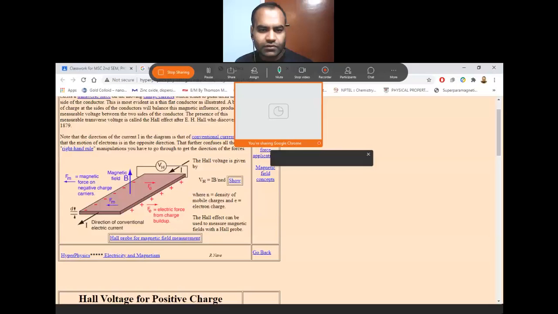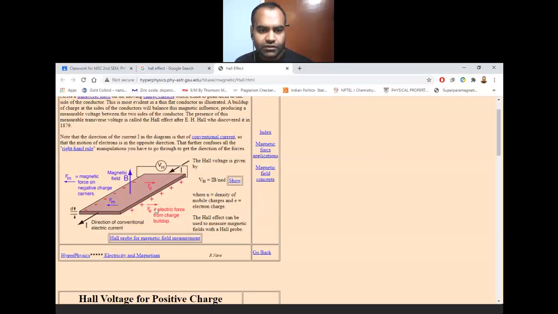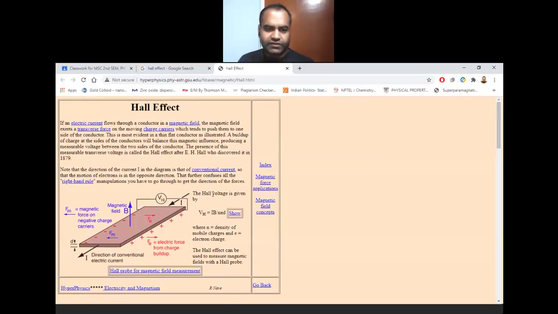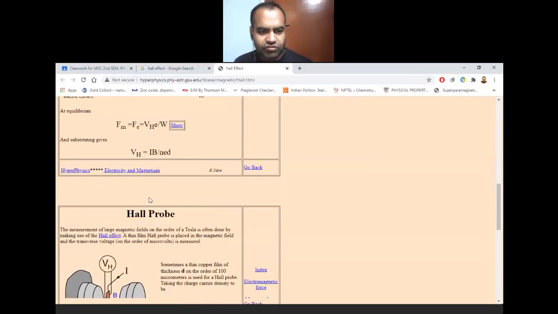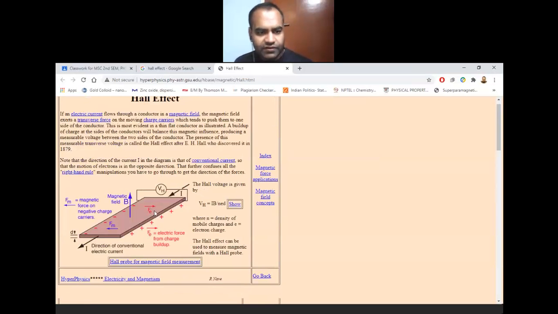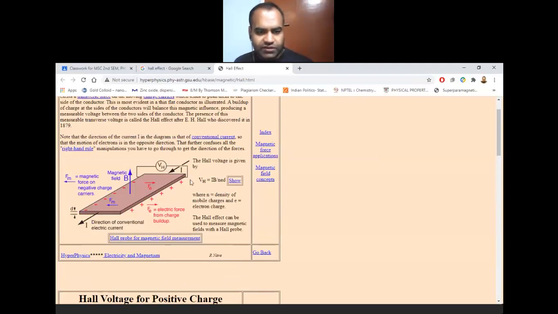Okay, let me share. Okay, so I hope you can see this Hall effect, and I think I showed you this figure earlier also.